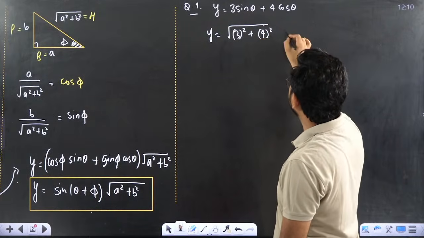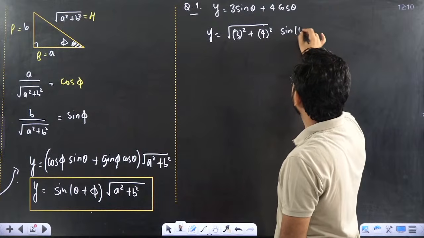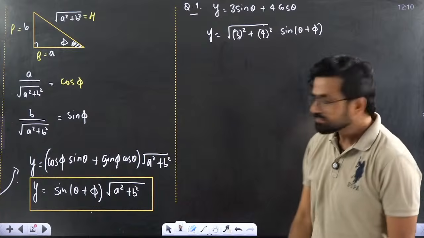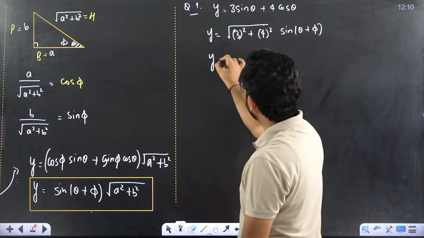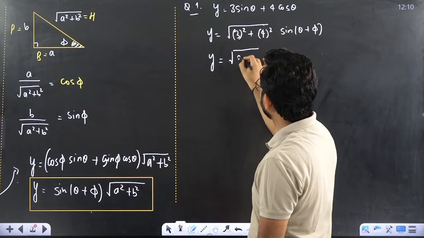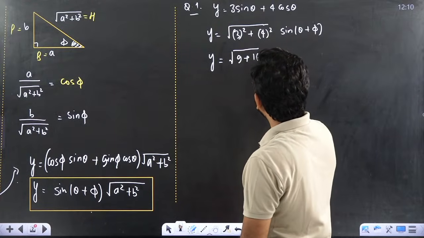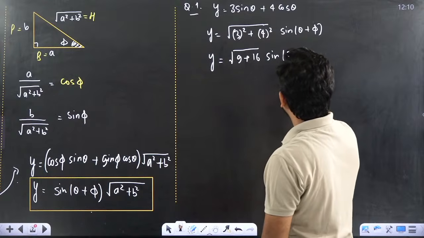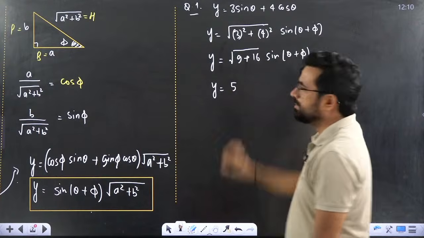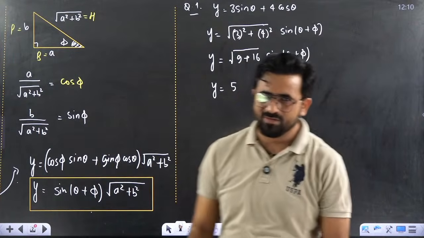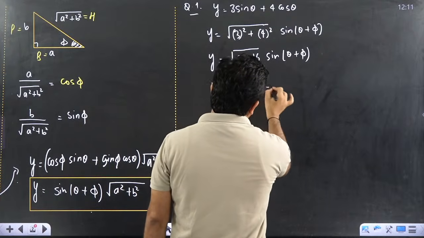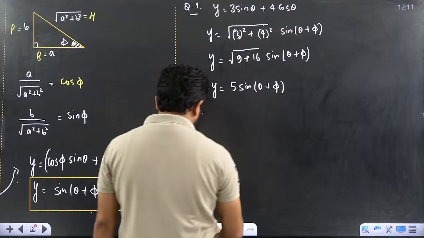So 3 square plus 4 square, that is sin of theta plus phi. So y equal to under root of 9 plus 16, sin of theta plus phi. This becomes what, beta? y equal to 5, because 9 plus 16 is 25, under root 25 is 5. We can say 5 into sine of theta plus phi. That is a very simple thing I want to tell you.